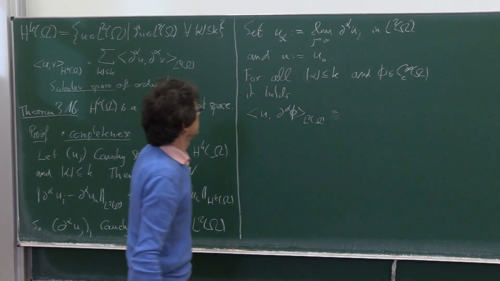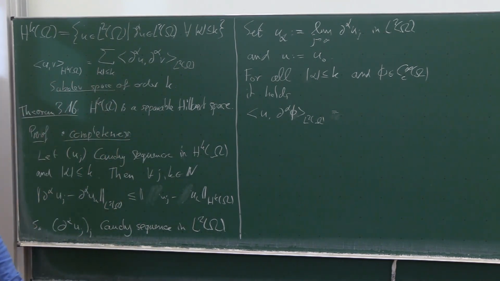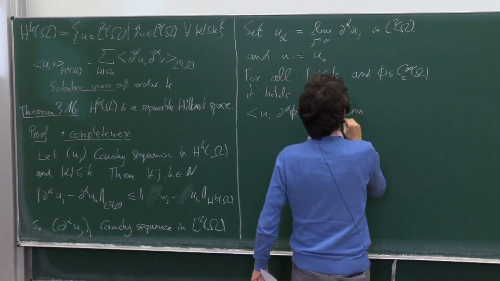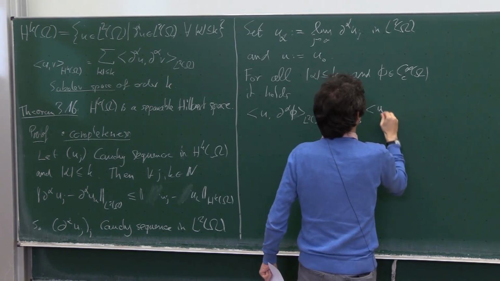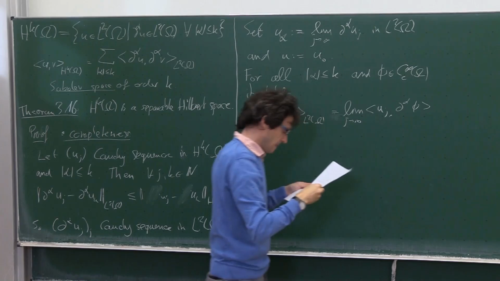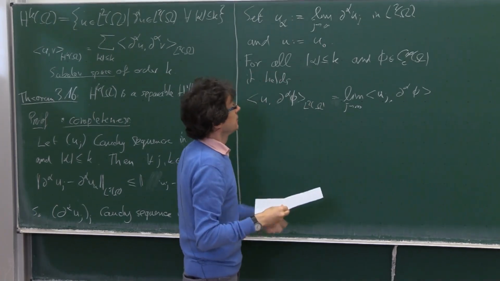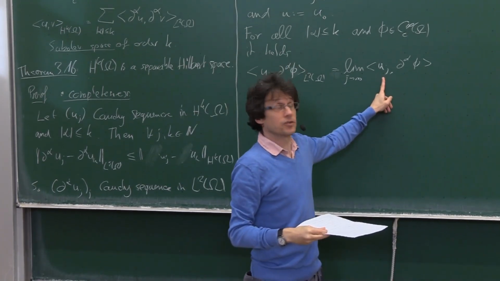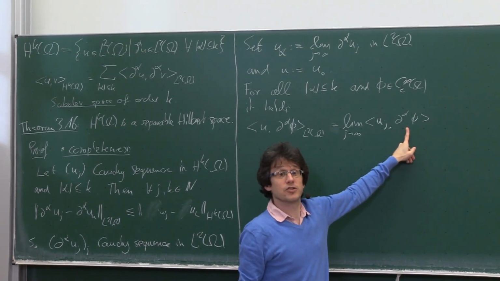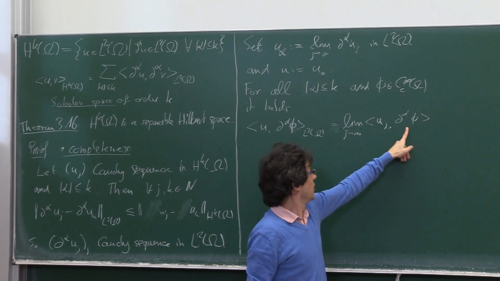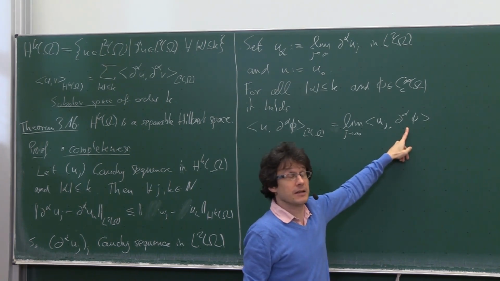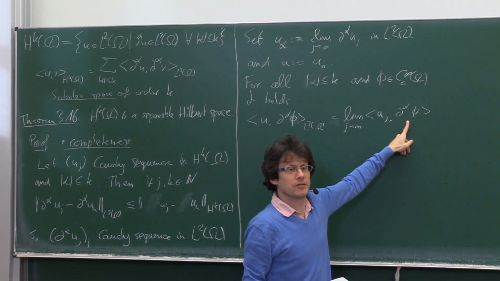This scalar product, so u_j converges to u in L2, so you can write this as the limit j going to infinity of the scalar product of u_j with D^alpha phi. Now this, in fact, is an integral, u_j times the complex conjugate of that one. So we are really at the definition of our weak derivatives.